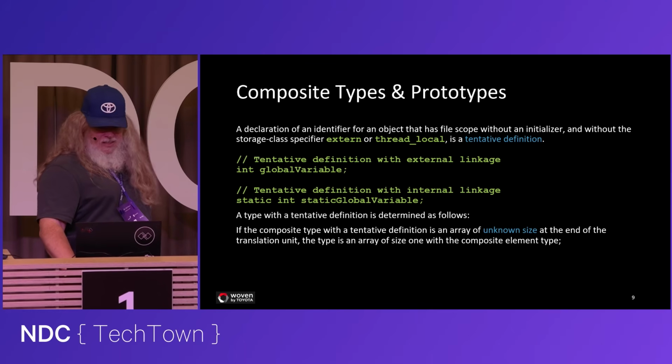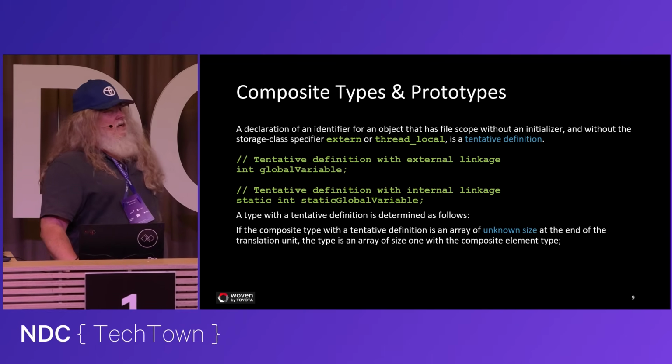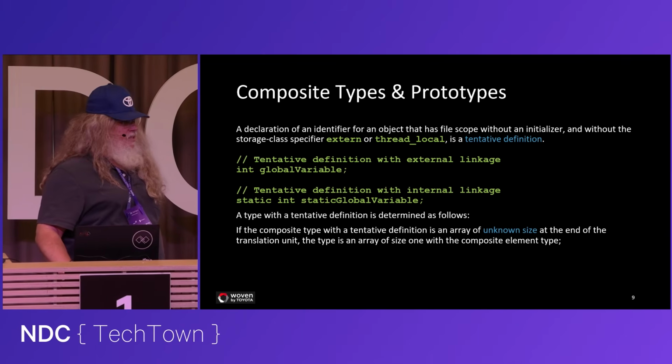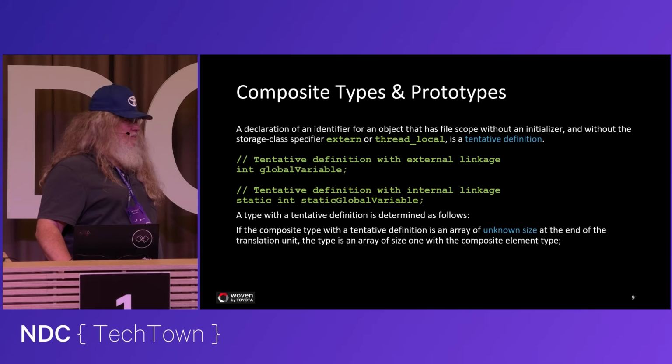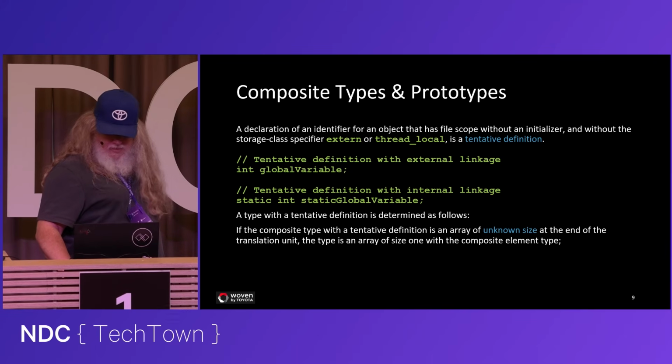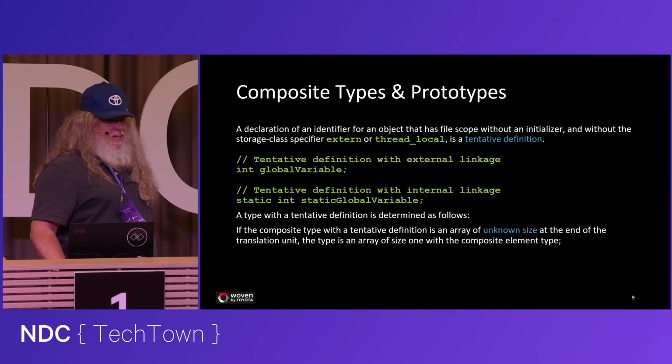So again, C is, to reuse the phrase, programmer friendly. It's kind of like, if you get in the ballpark with your types, we're going to allow it, right? We don't really go out of our way, as Rust does, to make sure that you can't write code that doesn't work.